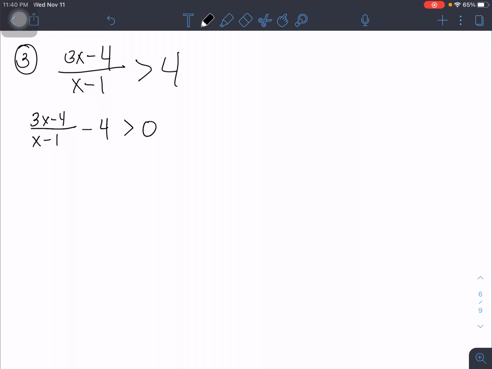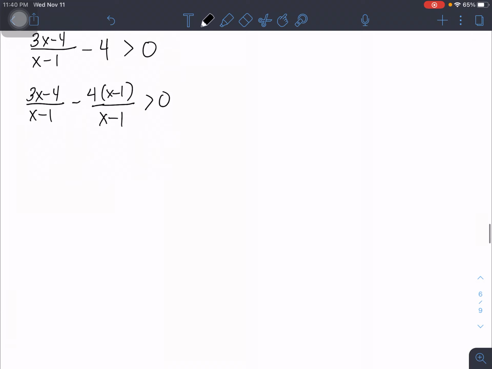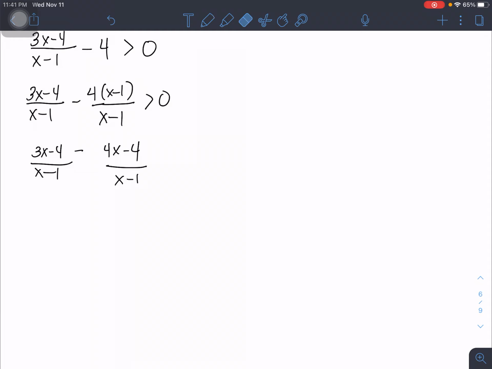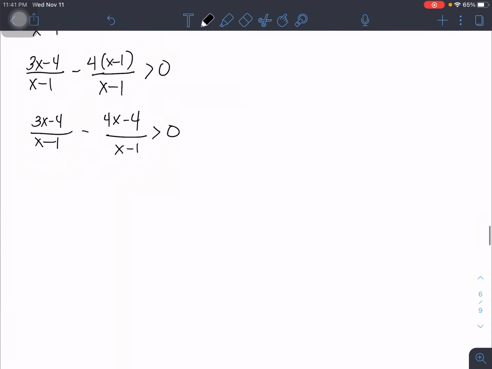So we would like to simplify this expression.